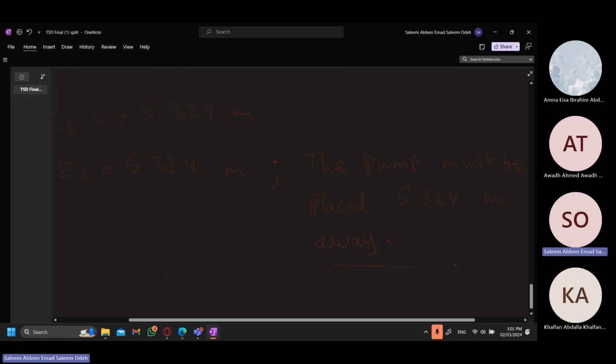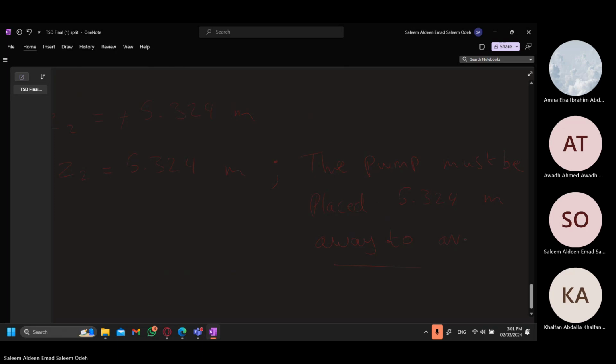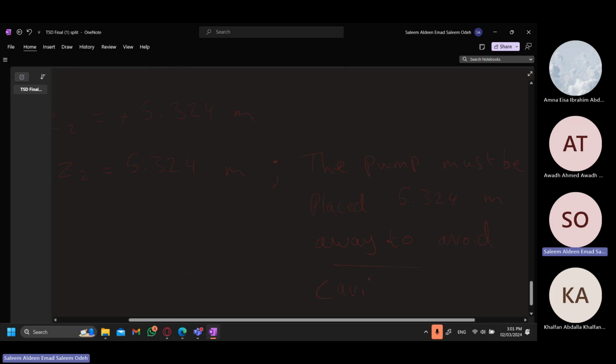Just simplifying this to avoid cavitation.